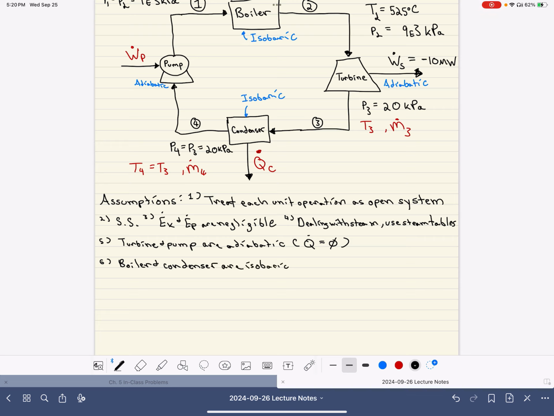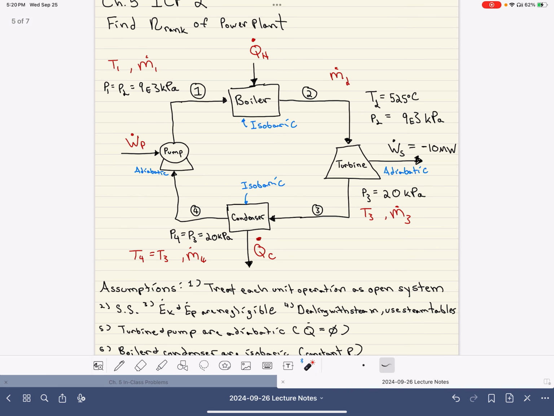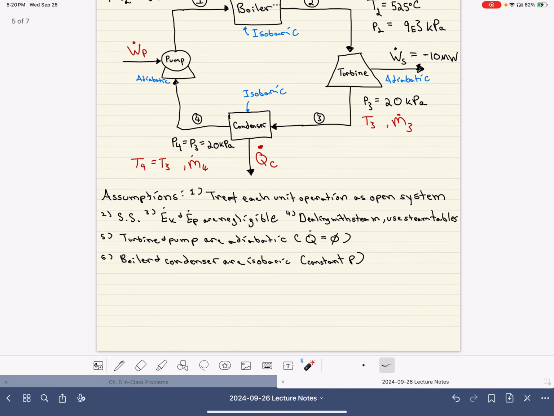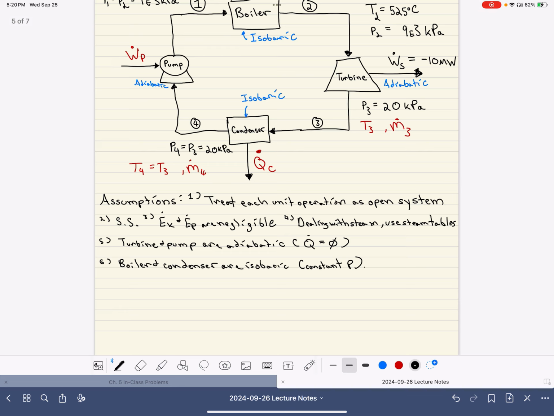So here, constant P. Also with the boiler and condenser, right, there's heat going in, but there's no work involved, right? There's no shaft work. So we'll also write no shaft work. Inherently, there's nothing really spinning in the boiler or condenser. It's just providing heat or removing heat.